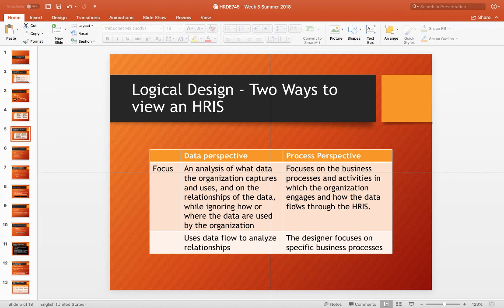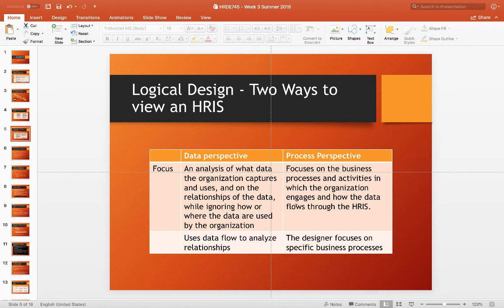Then there is the process perspective, where you are focusing on the business process and the activities on how the organization engages and how the data flows through the HR system. So in other words, let's say that we have a planning process. And for that business planning process, you need headcount data, you need cost data, you need benefits cost data, etc. So the process is really the business planning process.